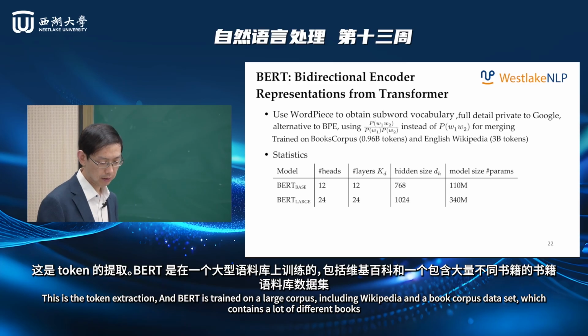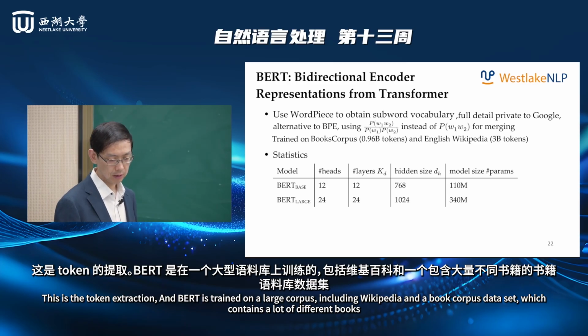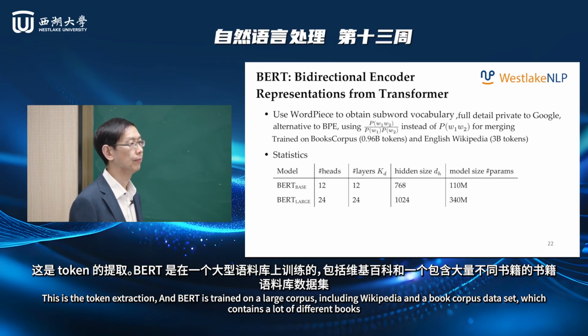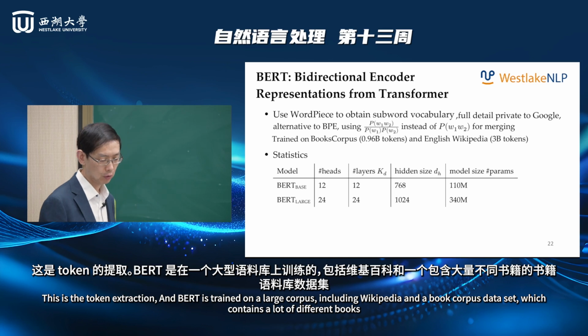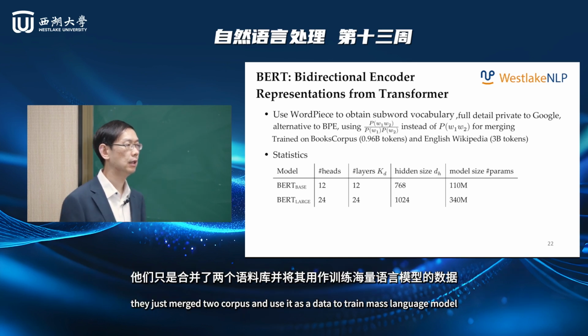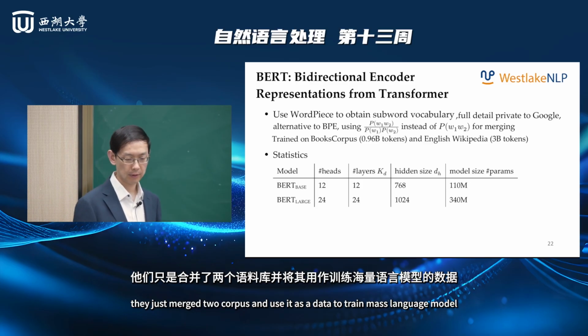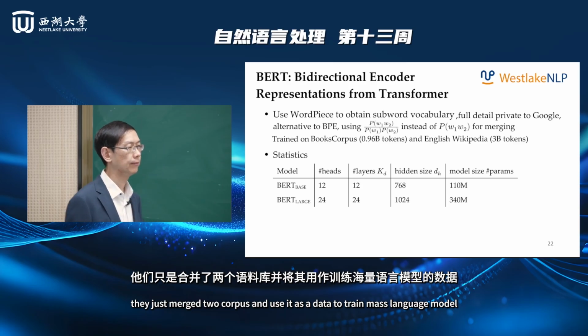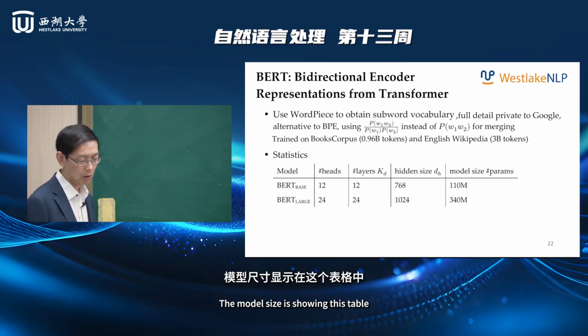And BERT is trained on a large corpus, including Wikipedia and a book corpus dataset, which contains a lot of different books. Okay? They just merge the two corpora and use it as data to train a masked language model. The model size is shown in this table.